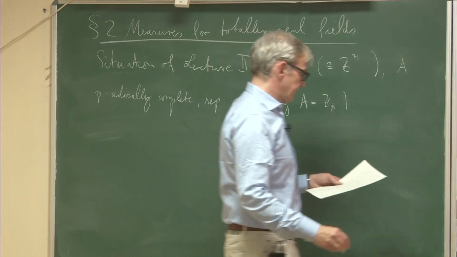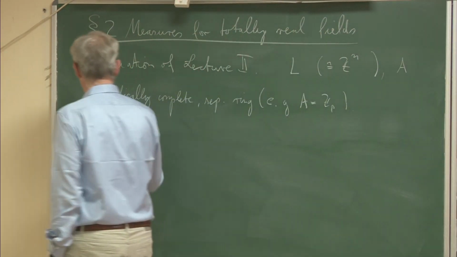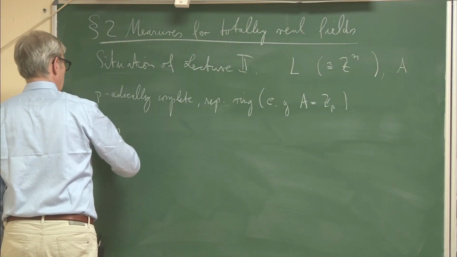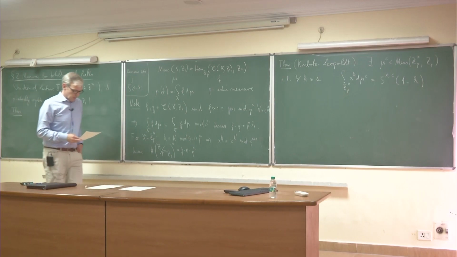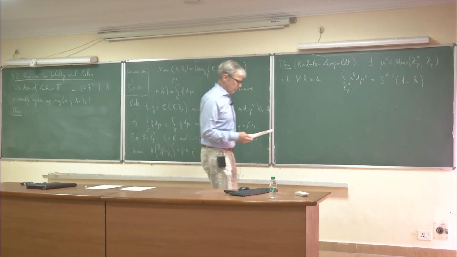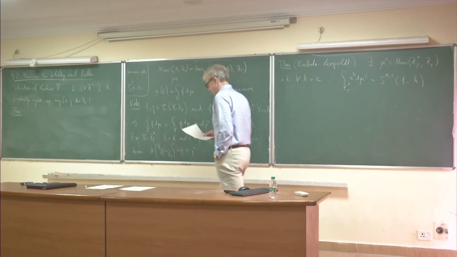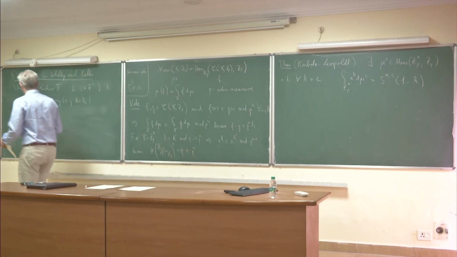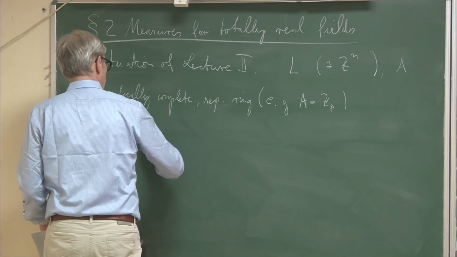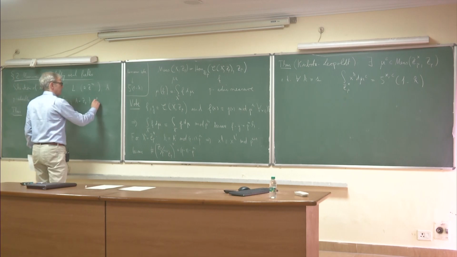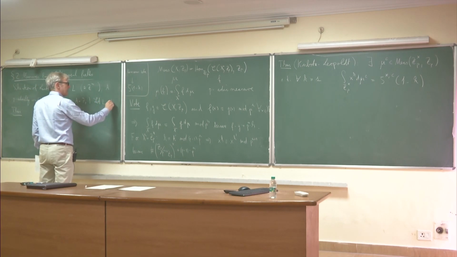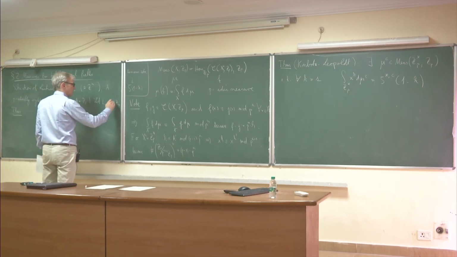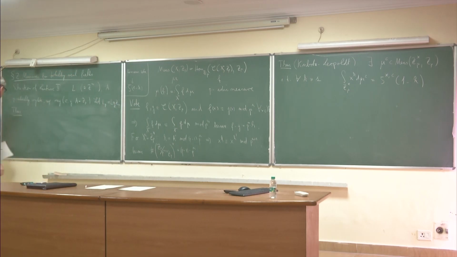And then there's the following theorem, which, in a certain sense, maybe is due to Ammus, really. So the theorem is as follows. I need some little definition. So L_p will be now always L tensor Zp over Z, so just n copies of Zp.